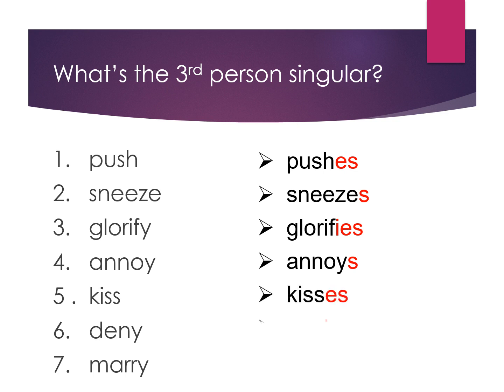Annoy, which would be annoys. And as you can see here, we only add an S for one particular reason. We have the letter O that is followed by the consonant Y. So we have a vowel and a consonant, and that's the reason why we only add an S. Then we have the word kiss, which would be kisses. Deny would be denies. And marry would be marries.